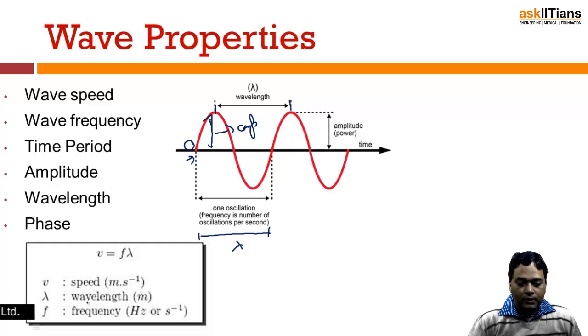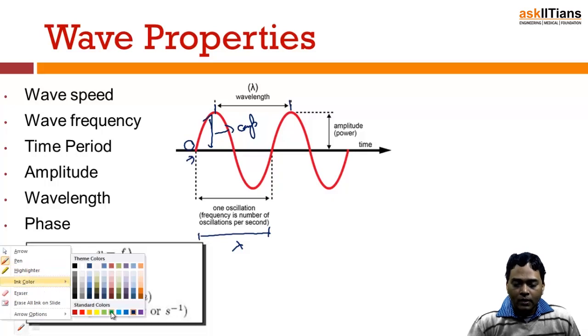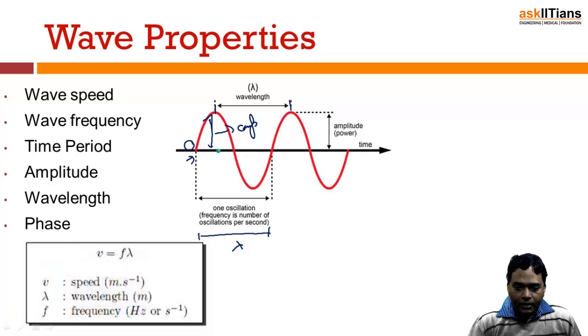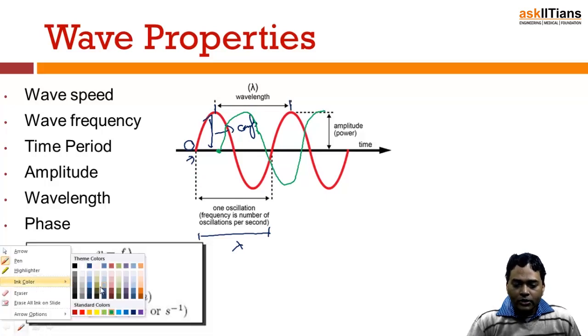Now let me take the case of another wave. Let's say another wave starts somewhere from here and goes like this. As you can see, it has started later on, so obviously there has to be some difference.